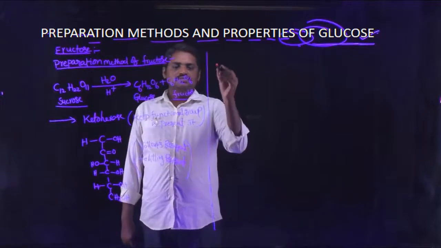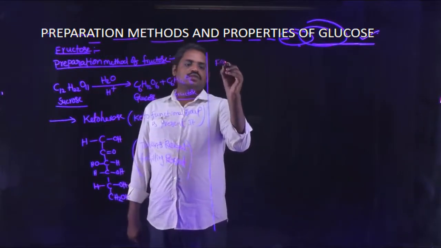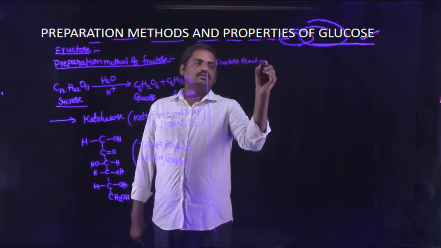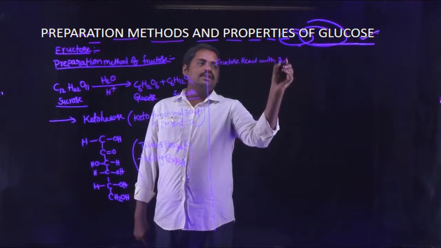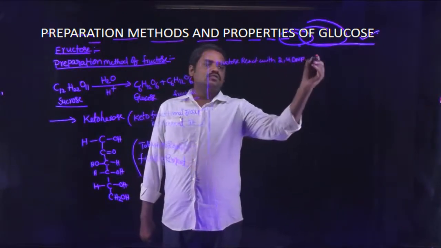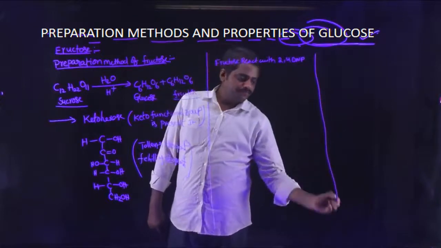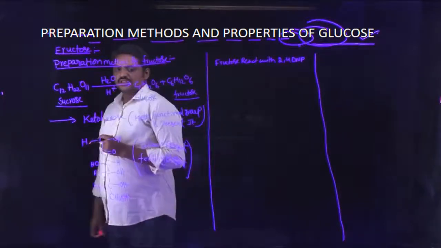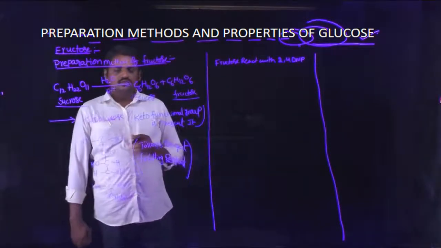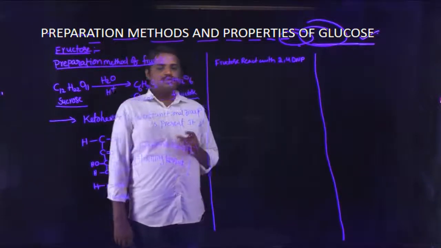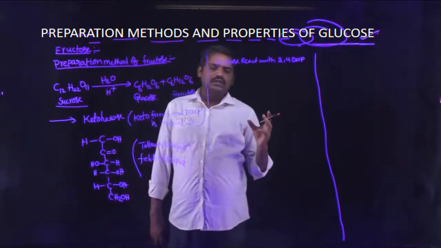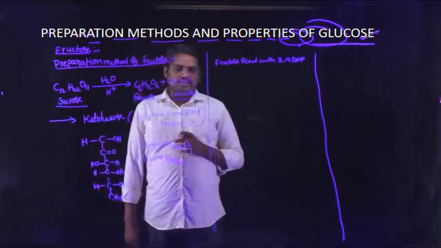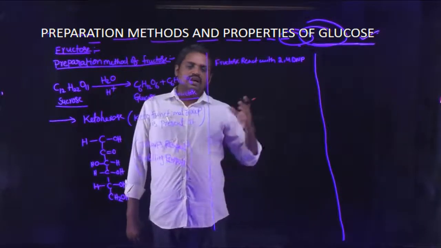Next, fructose reacts with 2,4-DNP. As usual, glucose reacts with 2,4-dinitrophenylhydrazine, the 2,4-DNP reagent, to produce oximes.